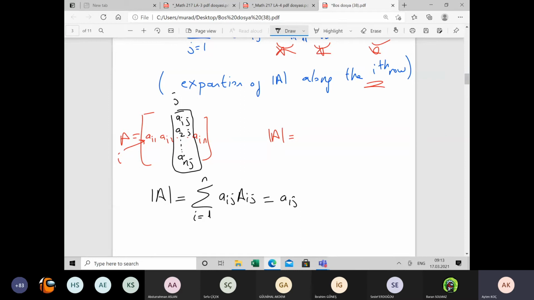Sorry. So the first entry of the J column, 1J. The second entry of the column J, 2J. The last entry, NJ. And multiply by the capital A, 1J, 2J plus NJ. Okay.